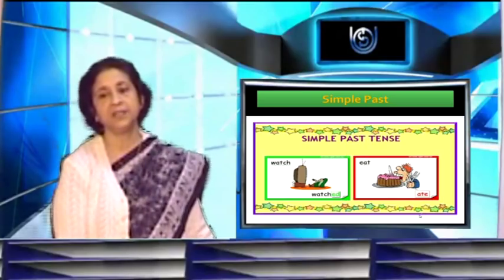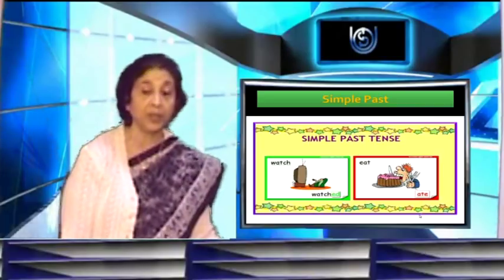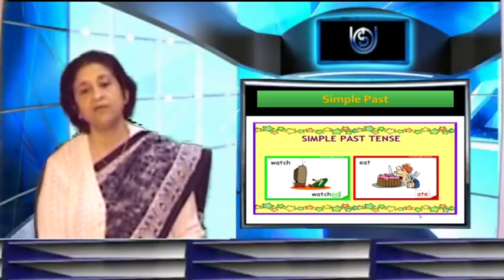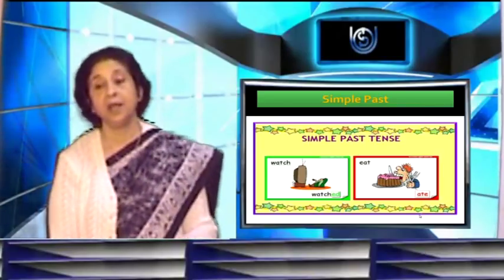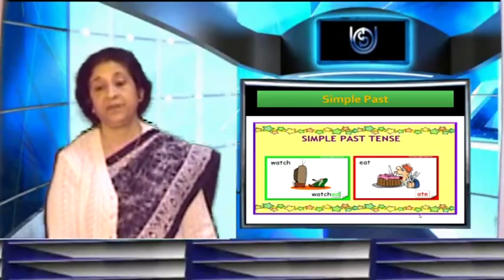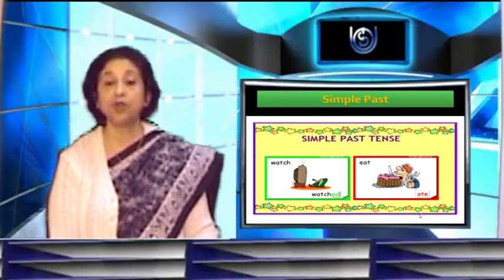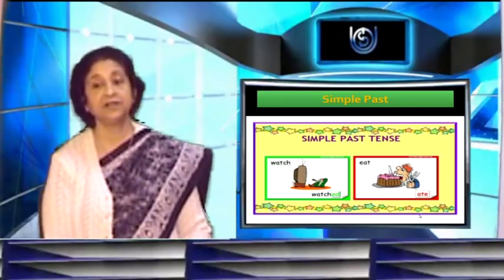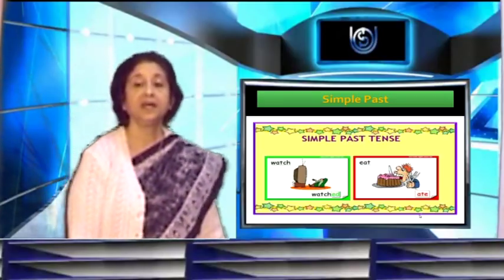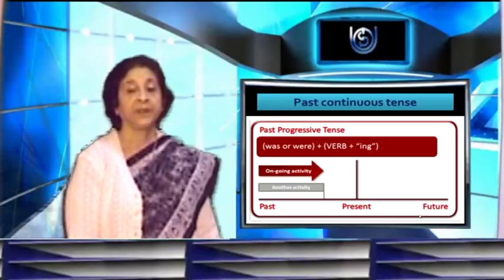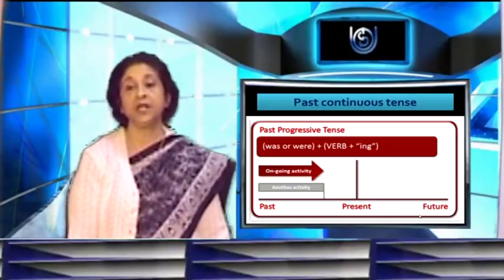Here it's simple. In simple past there is no concept of do and does, but only the second form, whether it is singular or plural. But in negative or interrogative sentences, the concept of did is there. It is very important to understand the concept of did in negative and interrogative sentences only.